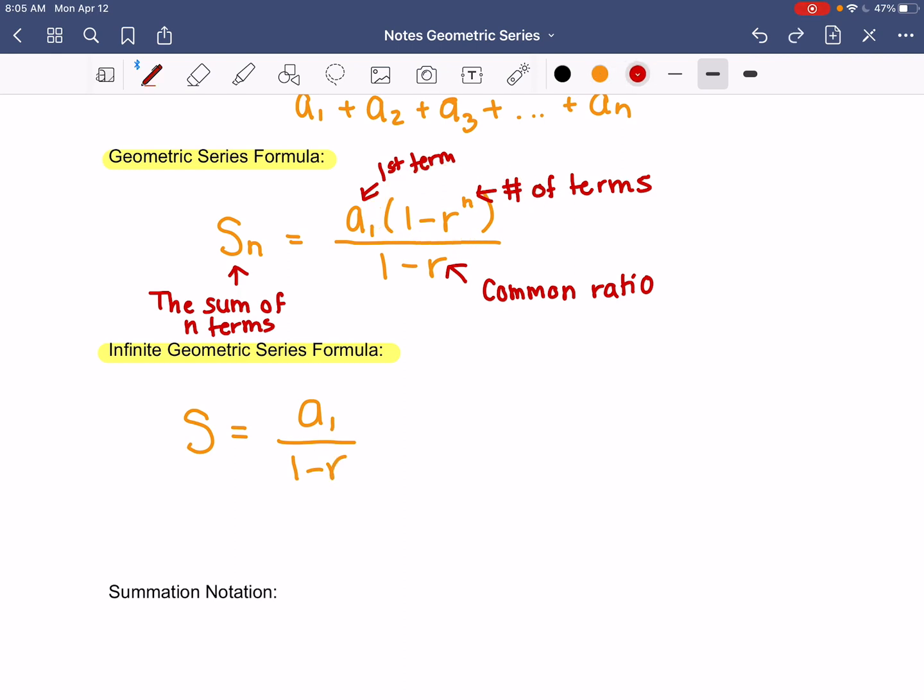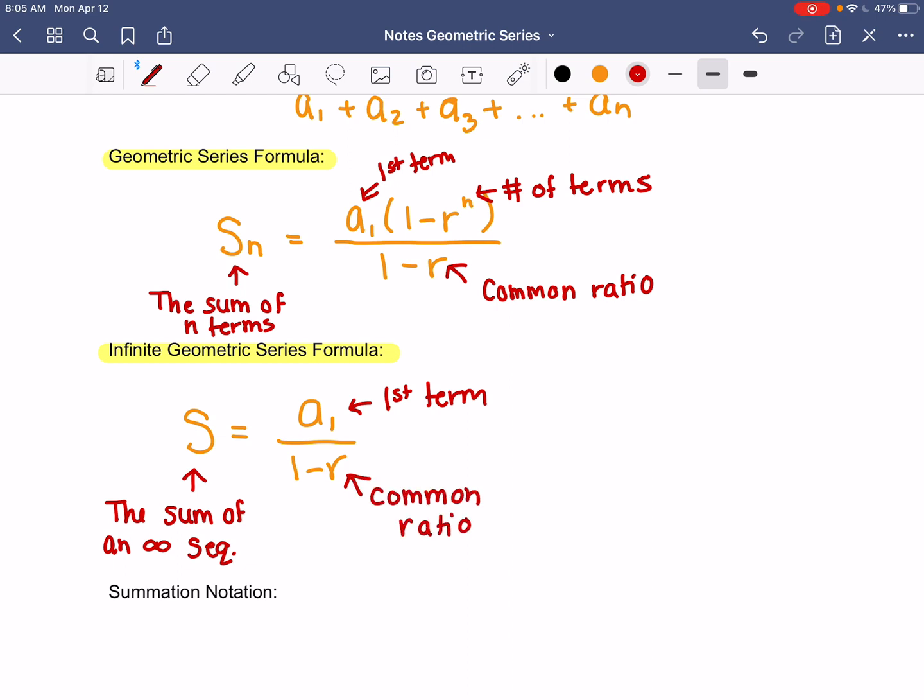So this S is just the sum of an infinite series, or infinite sequence. A sub 1 again is your first term. R is your common ratio.